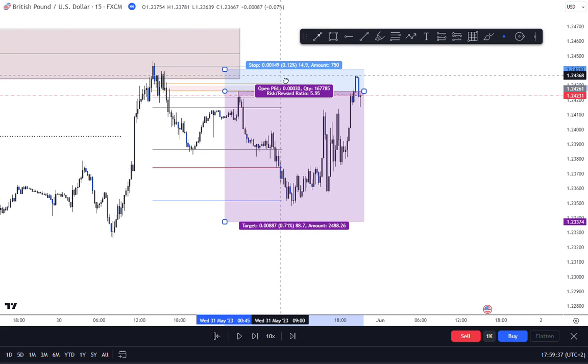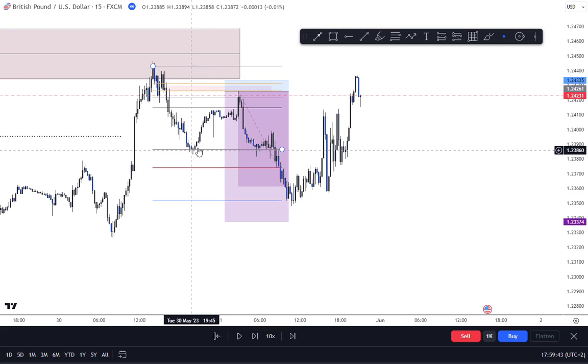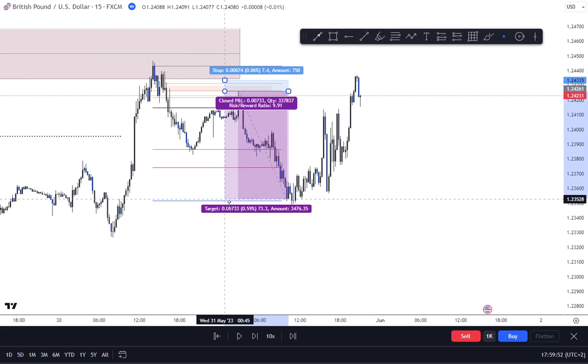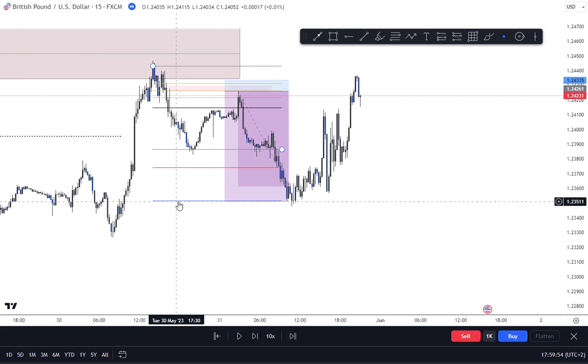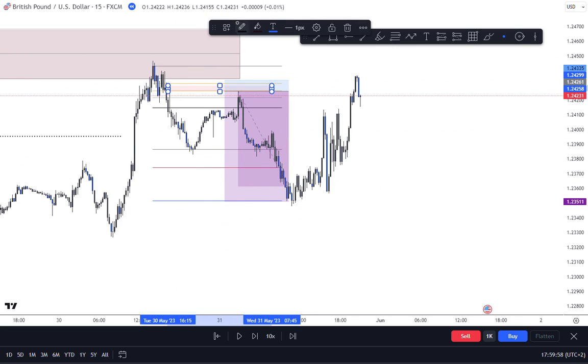My entry. So when price came to enter here at this area of OTE, you could have entered a trade like that all the way to the blue area, which would give you about a 1 to 10 R, right?